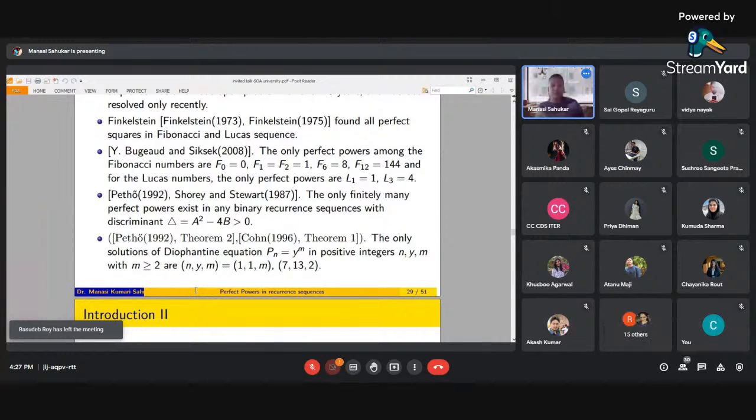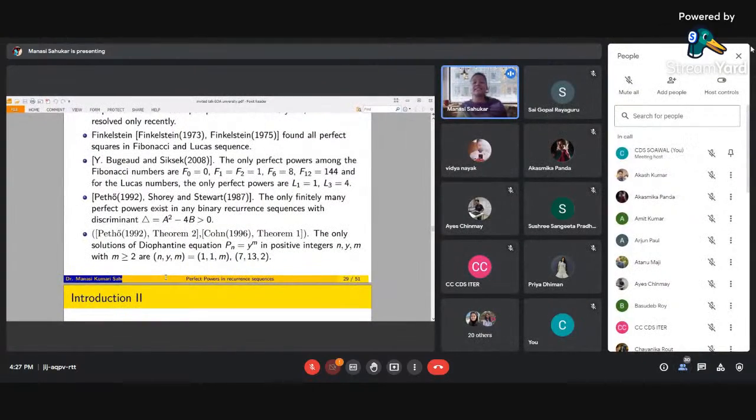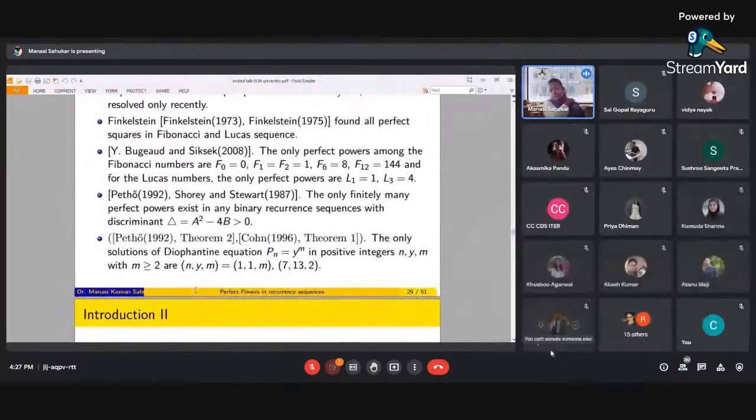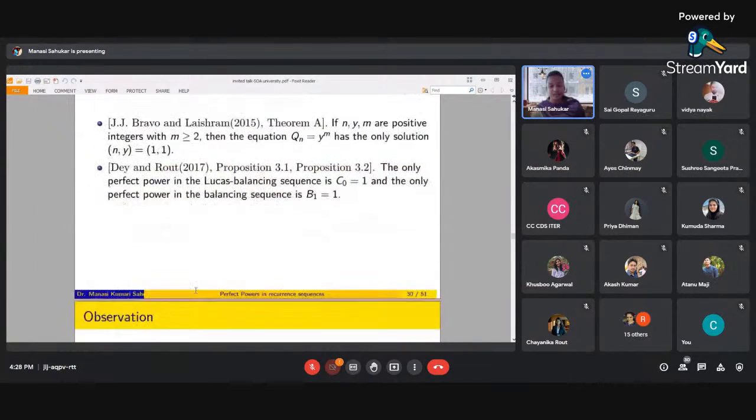One is the trivial one, P1, which is 1. The other, non-trivial one is P7, the seventh term of the Pell sequence, which is 169, that is 13 squared. So they found only two solutions for the Pell sequence. They also tried the associated Pell sequence, where you get only one trivial solution, 1 and 1.